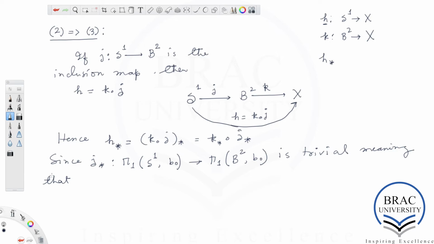So J is the inclusion map, and by lemma 1, I didn't write it in the note, J star has to be trivial by lemma 1, since, no, not by lemma 1. So why is J star trivial?